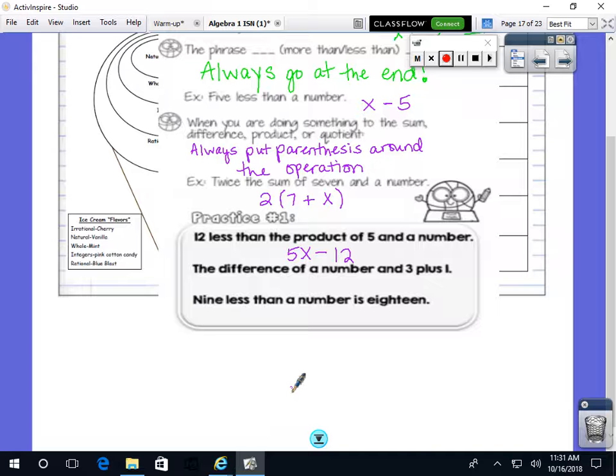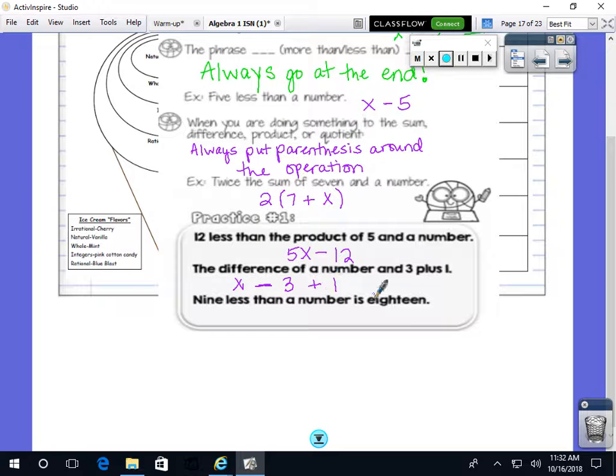The difference of a number and 3 plus 1. Okay, well, what does difference mean? Difference is subtraction. Well, what are you subtracting? I know, but what are you doing the difference of? A number, which would be x, and 3.